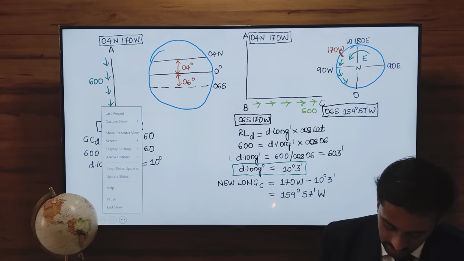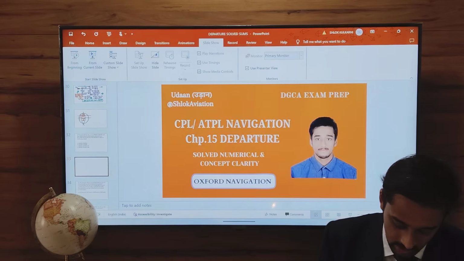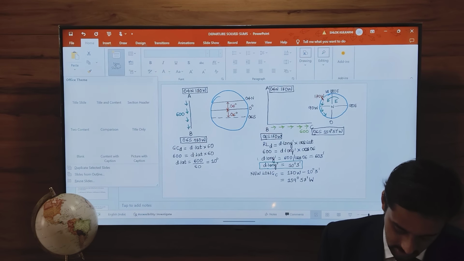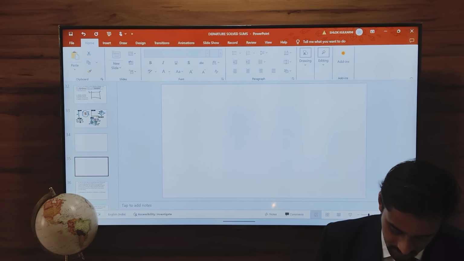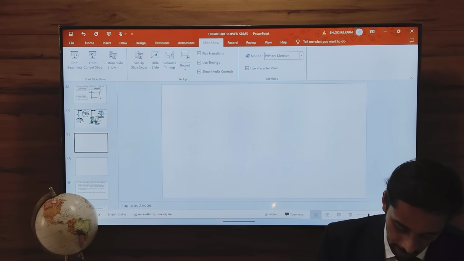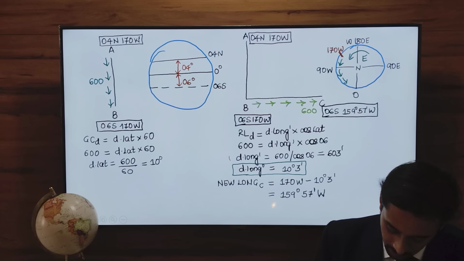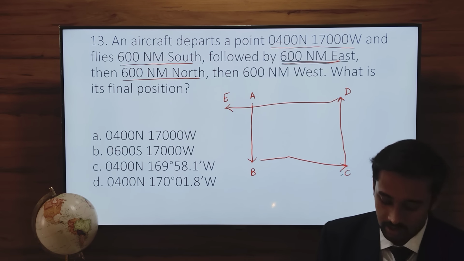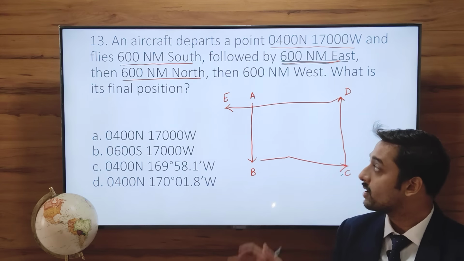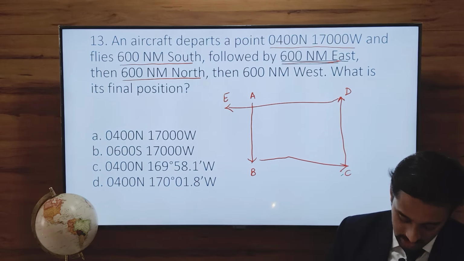Let's go to the next part. I will take a new slide. So the next part is from 600 nautical mile east. Now we make a left turn and fly a heading of north. So let's draw that.